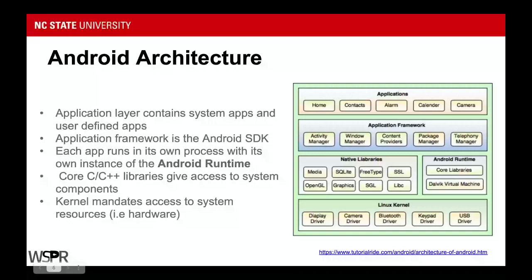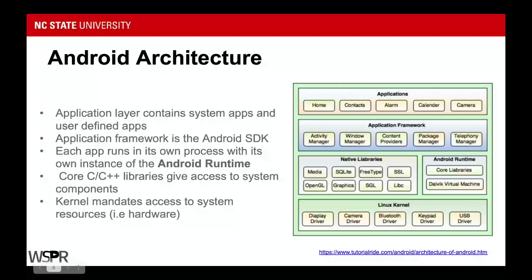Then we have the Android runtime. As we have seen, applications run in Android runtime. All the applications have their own instance of ART. Then we also have the native libraries, which are basically C and C++ libraries. This will contain all your high-end libraries like graphic libraries, OpenGL, SSL libraries, SQLite database.